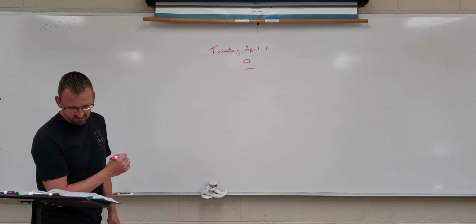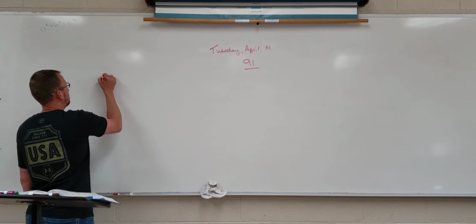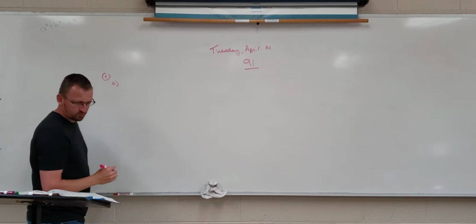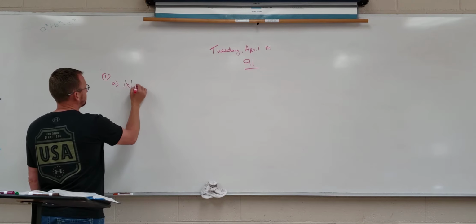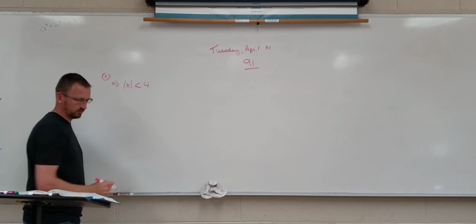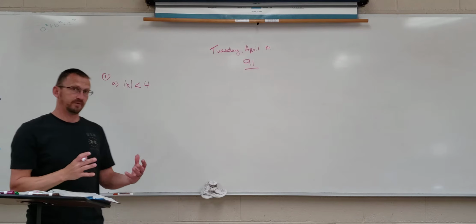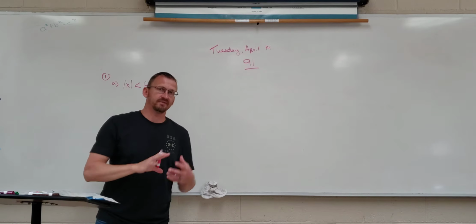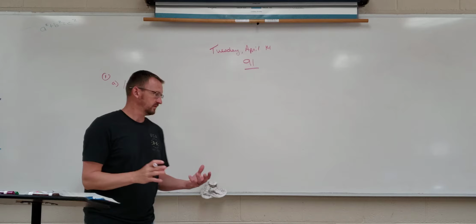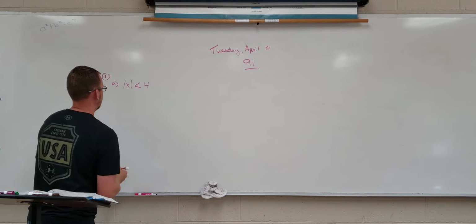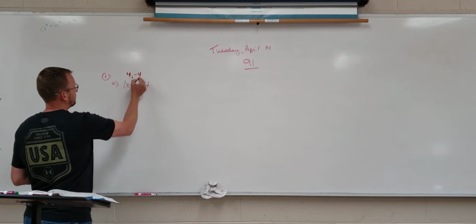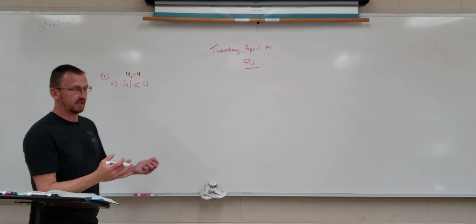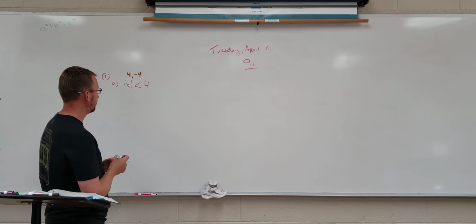Example 1, page 602. It says graph the absolute value of x is less than 4. Hopefully you remember that absolute value of any number is positive. So the actual answer to this is it could be a 4 or a negative 4, because the absolute value of that is 4.